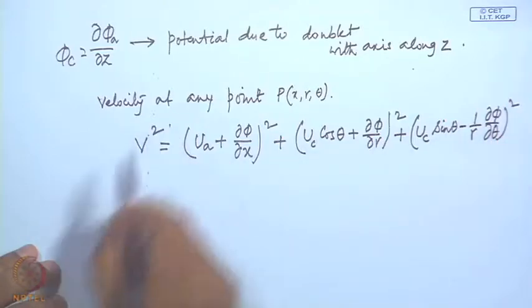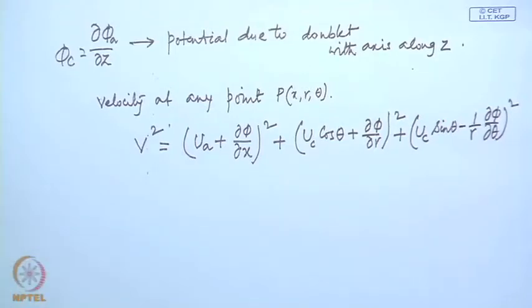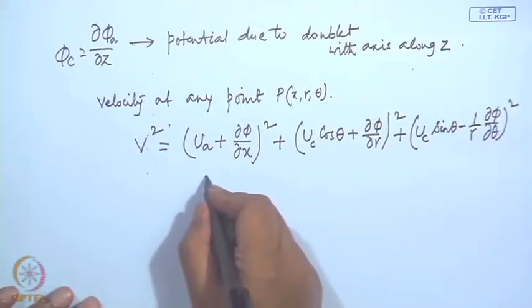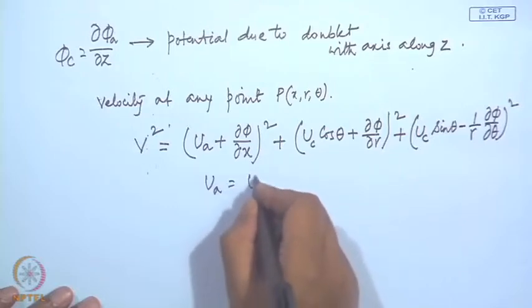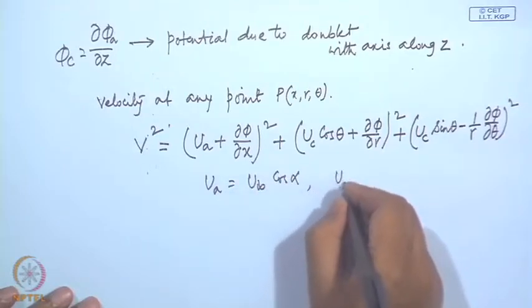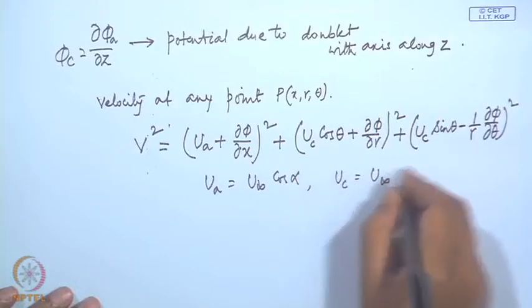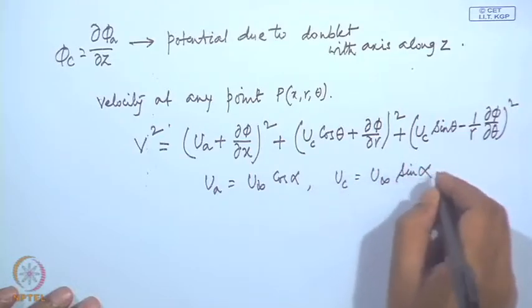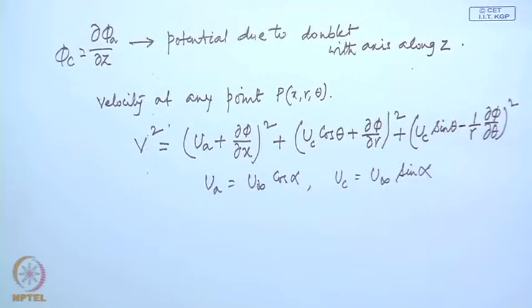This is of course V square. And we have already that u a is u infinity cos alpha and u c is u infinity sin alpha, the axial and cross flow components of the undisturbed stream.